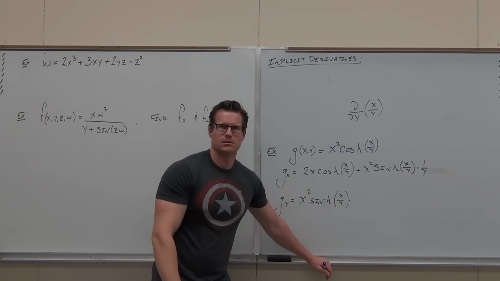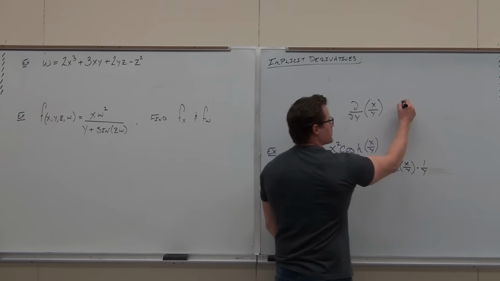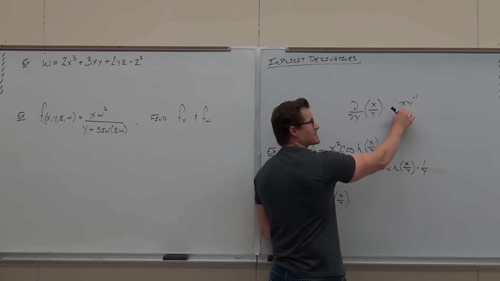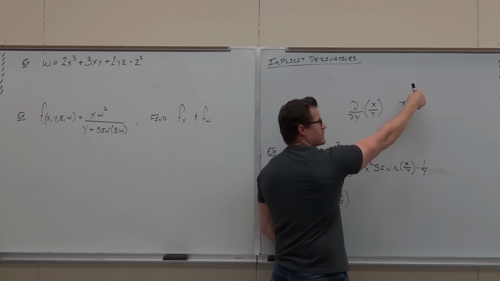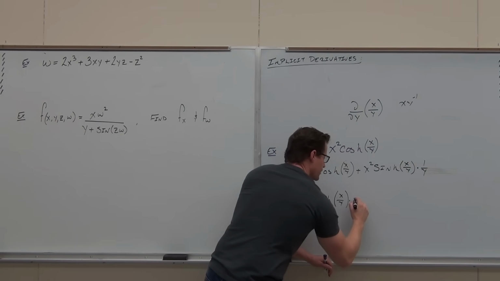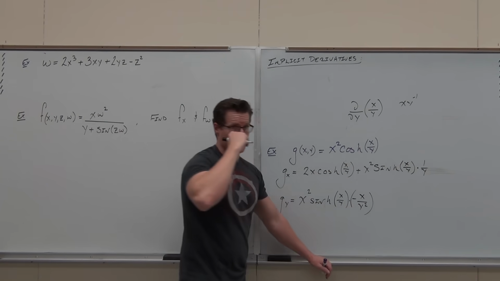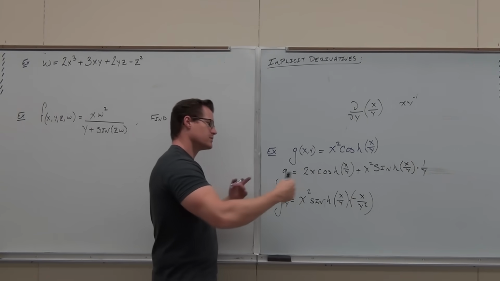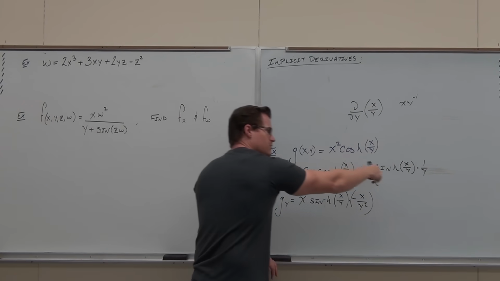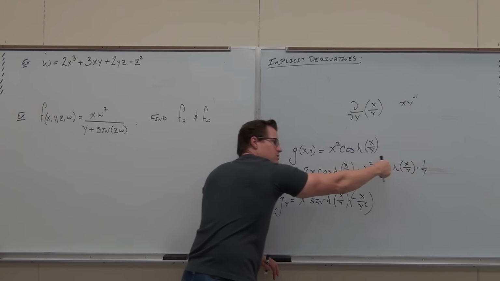Negative x over y squared. Good, yeah, because we bring this up, you'd have x y to the negative 1, that's a constant. Negative x y to the negative 2, bring it back down. Better put it in parentheses here so it doesn't look like a minus. And then, yeah, clean this one up just like we should be cleaning this up. Move the x squared over y here.